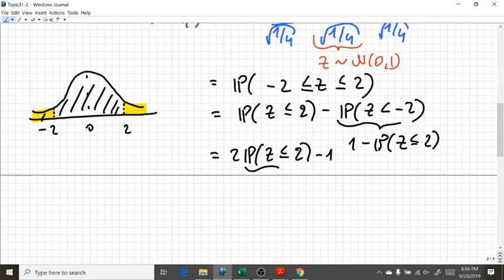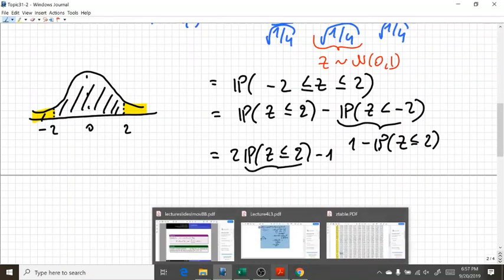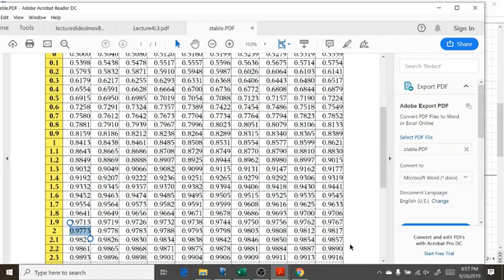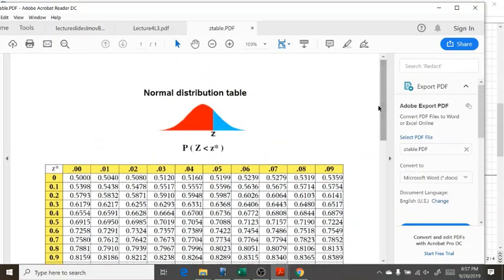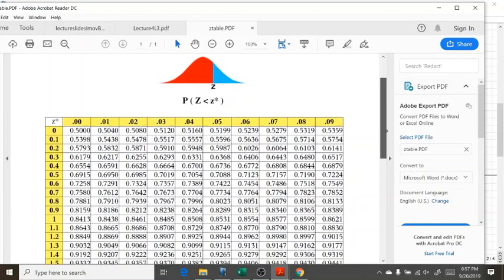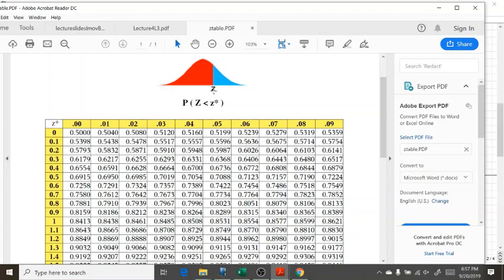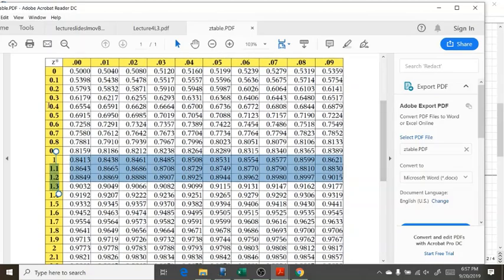Now, how to calculate this part? Well, either using a z-table or using Excel. So here I have a z-table in which the red highlighted area on the left is reported in the table, and this z, which should actually be z star, is reported in the highlighted yellow areas. So I look for 2 in this column.